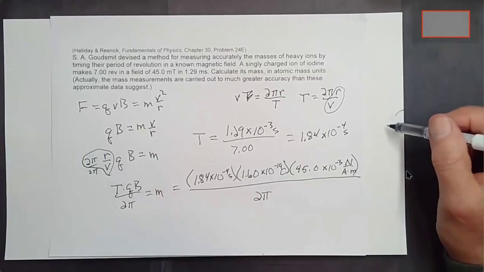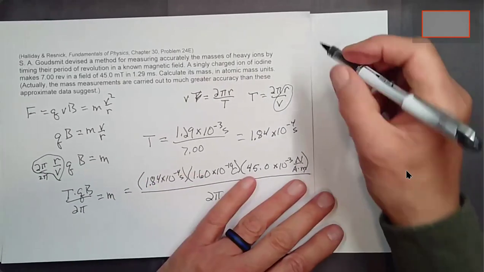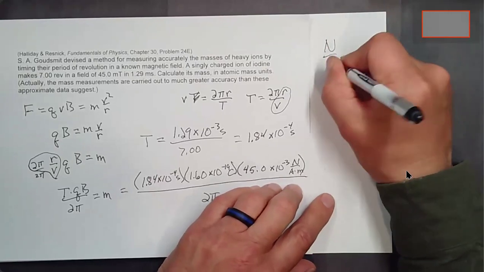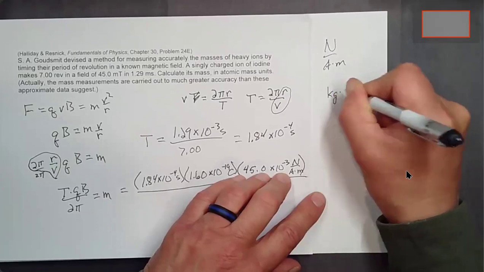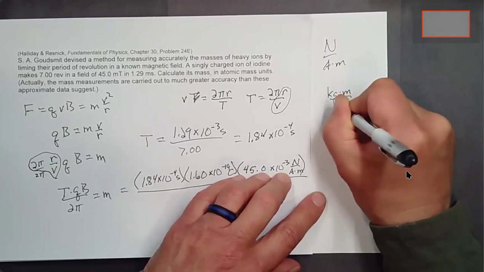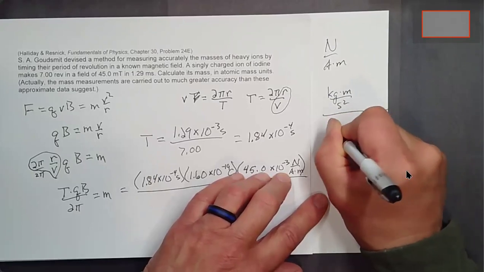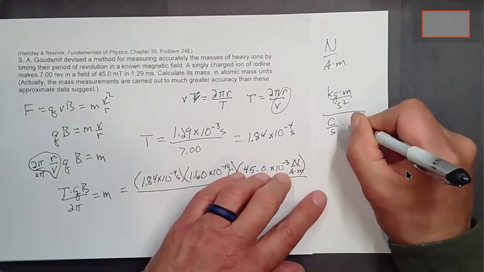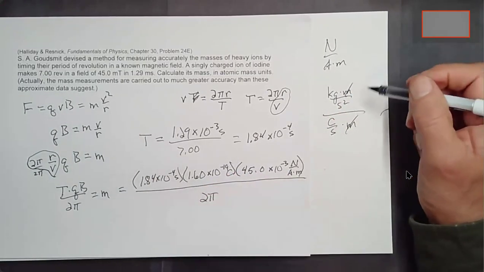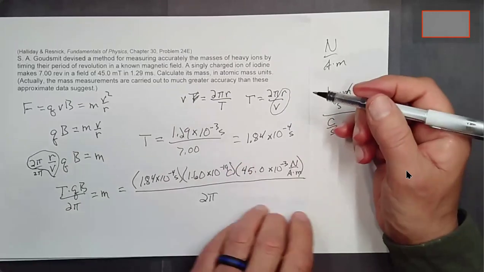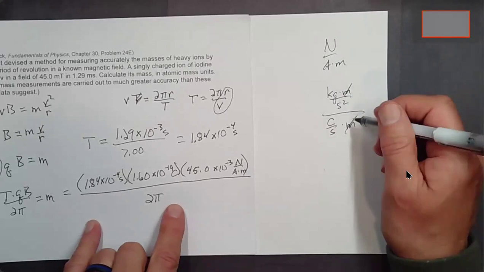Okay, well, let's see. That Newton per amp meter simplifies to, a kilogram meter per second squared is a Newton. And down here, I've got a coulomb per second times a meter. So the meters go away. So there's my Newton per amp meter.